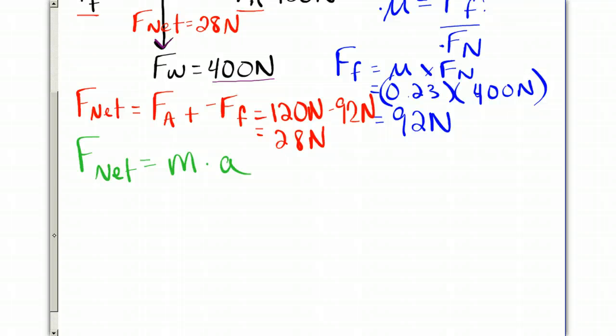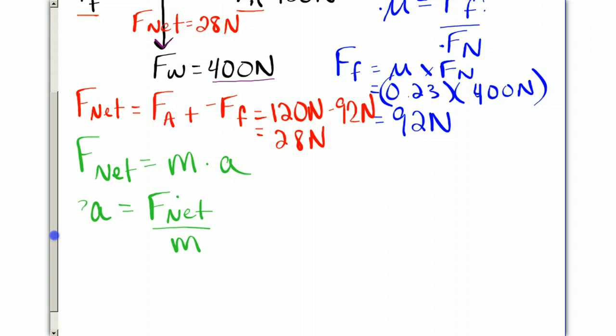I'm going to divide both sides by mass, and so acceleration is going to equal the F net divided by the mass. I have a problem. I have my net force. I'm looking for the acceleration, but I don't have the mass. I do, however, have the force due to weight.